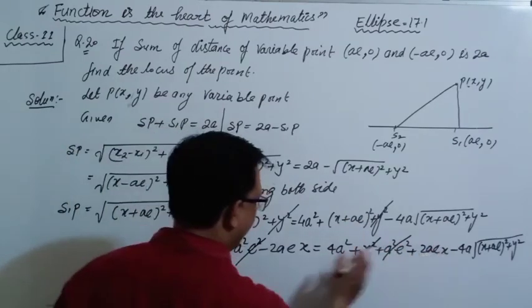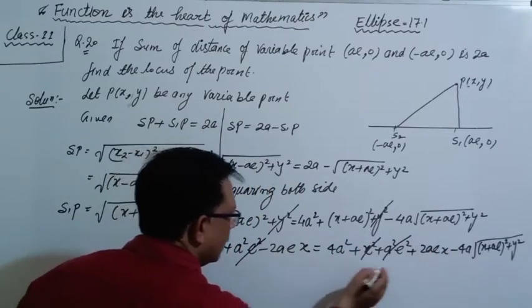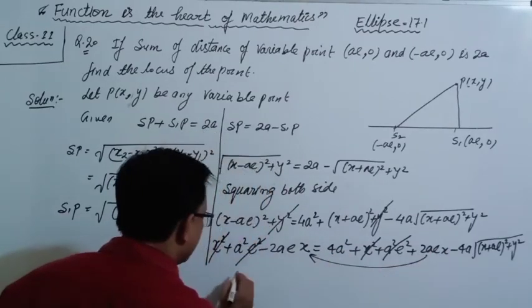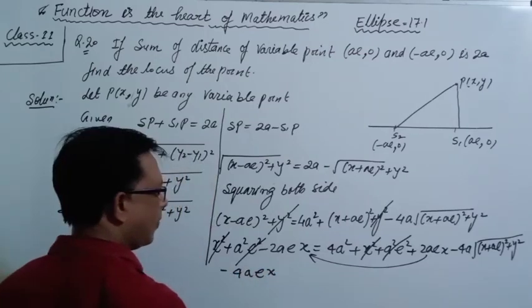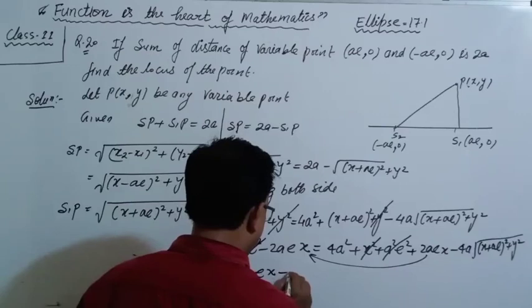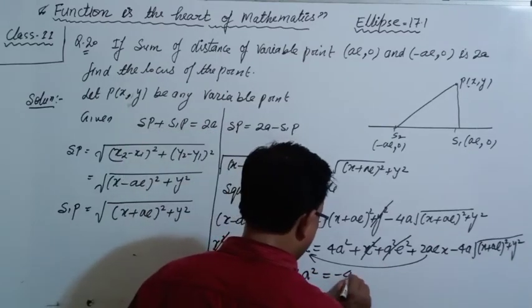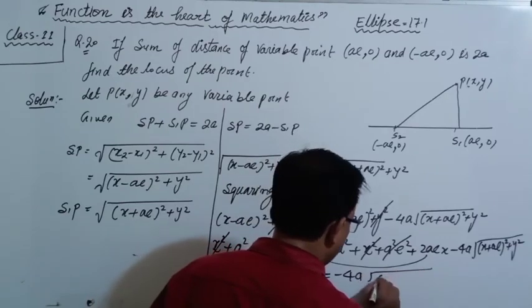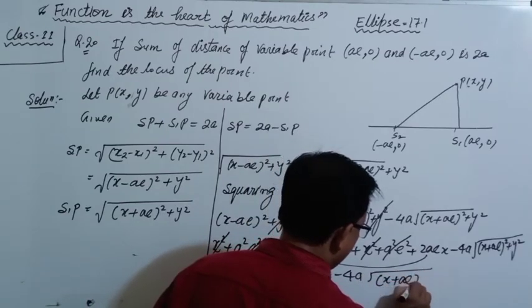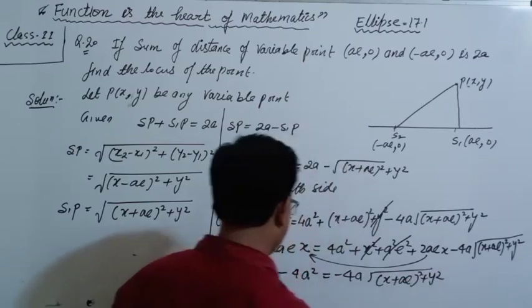Now we simplify this. We move this here, so this is minus 4aex minus 4a square is equal to minus 4a times the square root of (x plus ae) whole square plus y square.